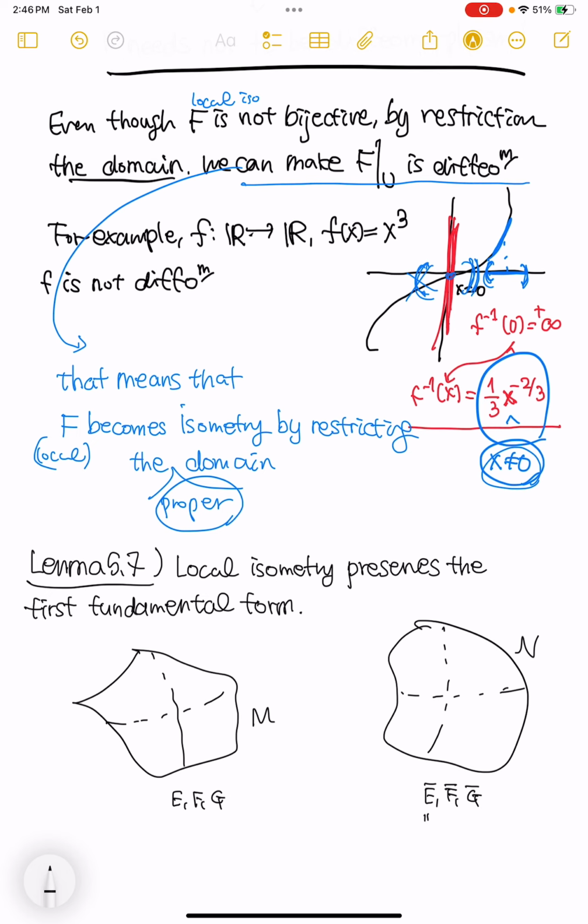E is, for example, in the case of two dimensions, X_u dot product X_u. Suppose F is a local isometry and F star is the map between tangent planes from T_P M to T_P N, described like this.